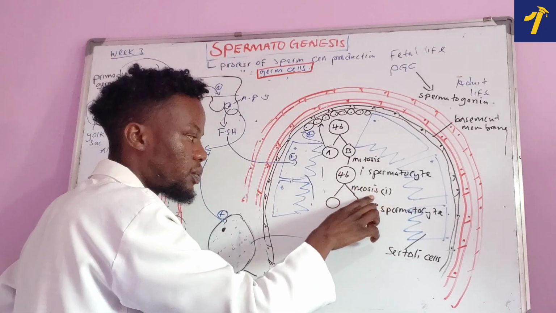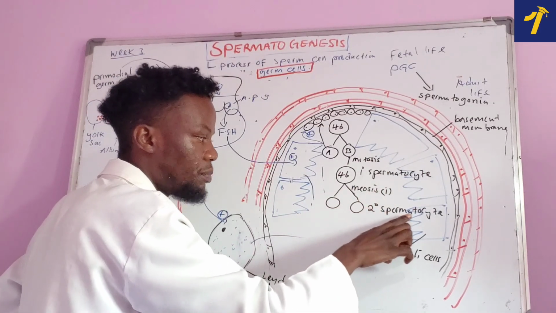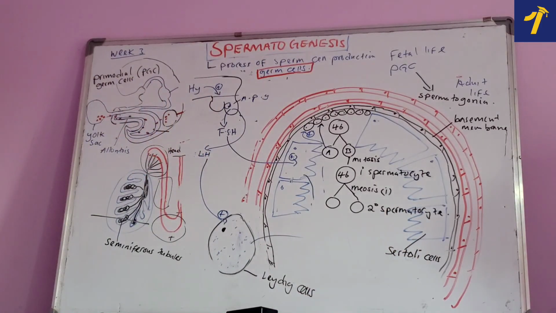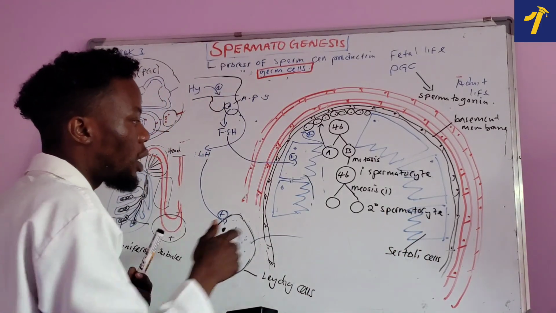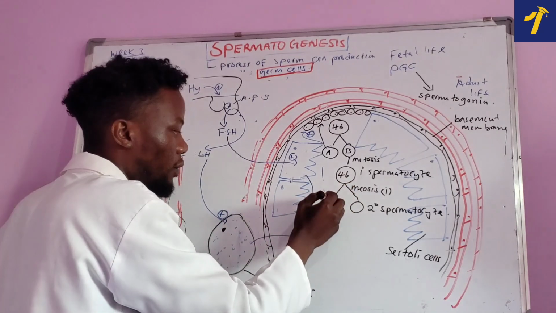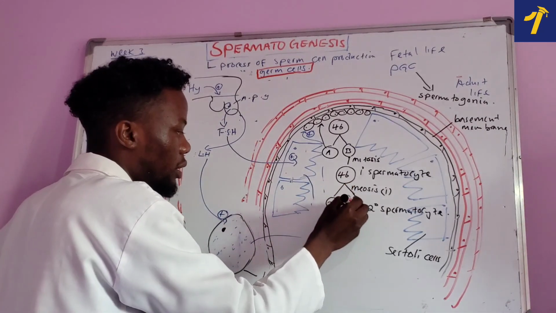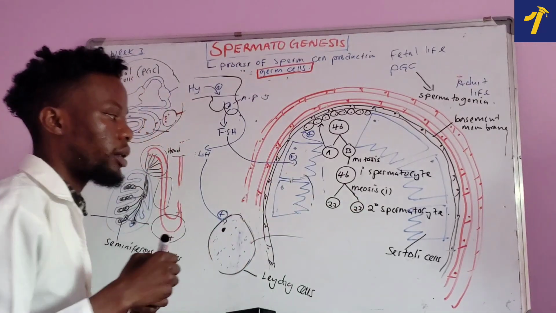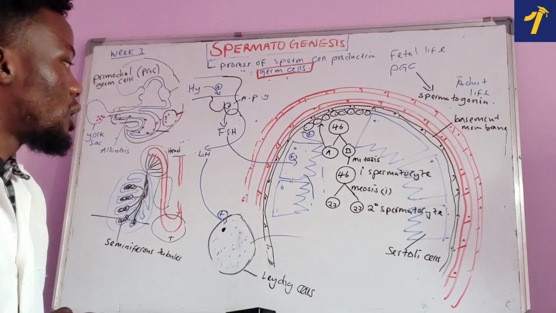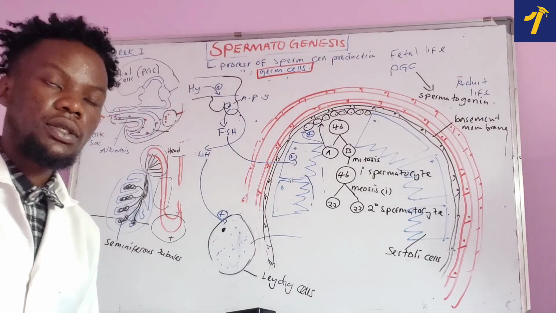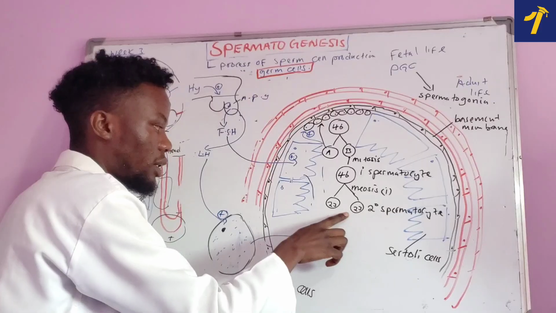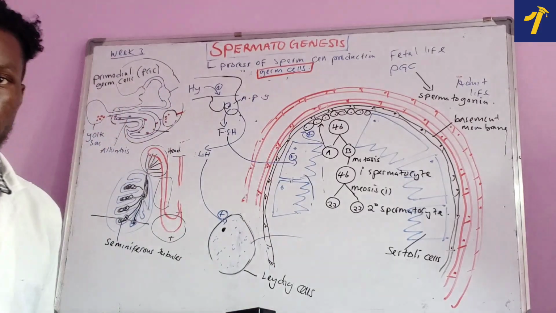Meiosis what? Meiosis 1 into secondary spermatocyte. Now you need to take note of something here. Here we had 46, but here we're going to have 23. Okay? Make sure that you understand. Primary spermatocytes have 46 chromosomes. Secondary spermatocytes are going to have 23 chromosomes.